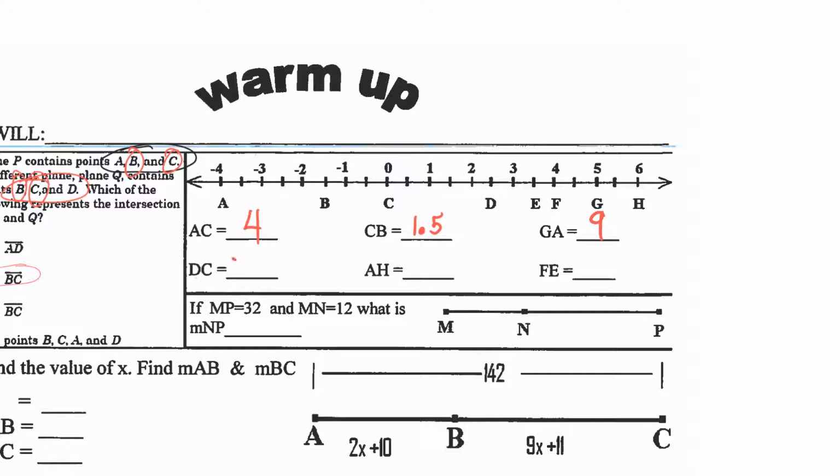It's 2.5. How long is AH? It's 10. It goes from -4 to +6. That's a spread of 10 there. And then how long is FE? Half. It's half of a unit. It goes from 3.5 to 4. So that's just half a unit right there.